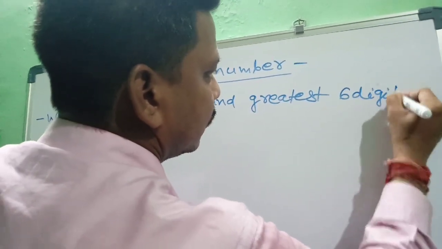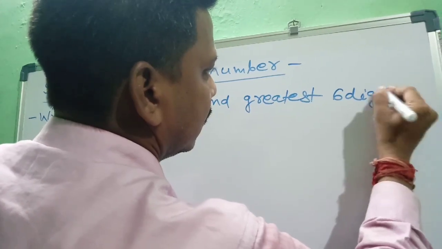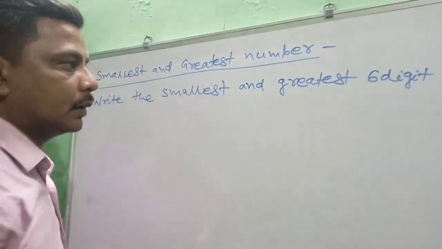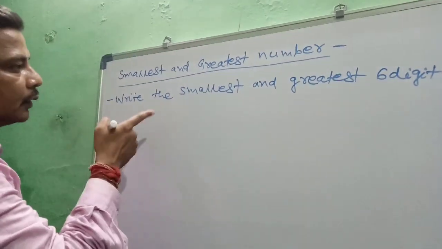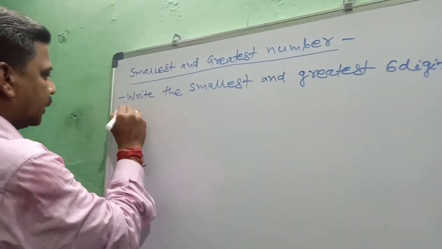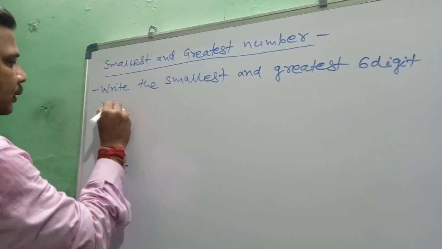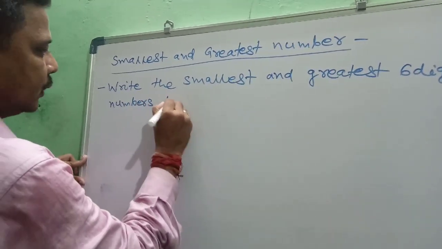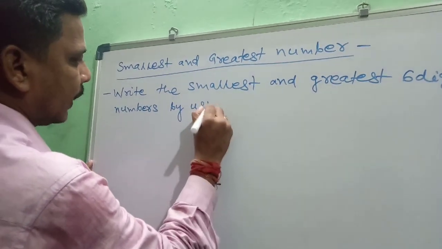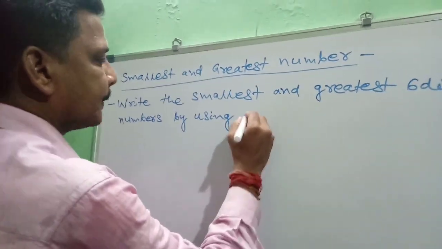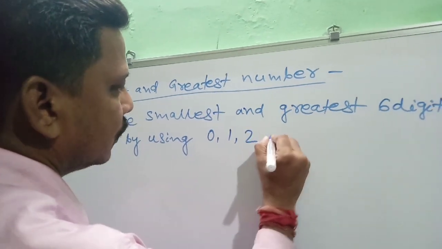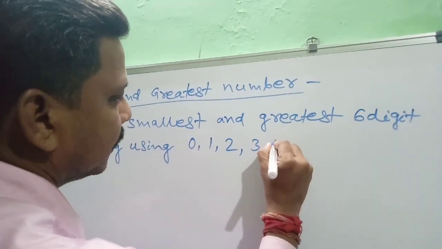6-digit means we have to write the number, and the number should be of 6 digits. Write the smallest and greatest 6-digit numbers by using 0, 1, 2, 3, 5.